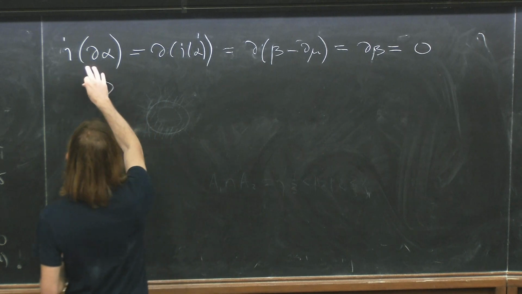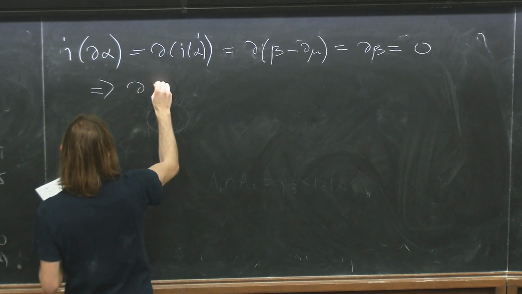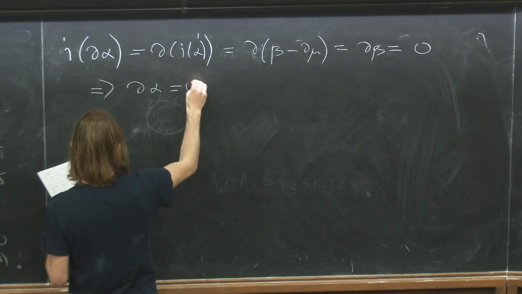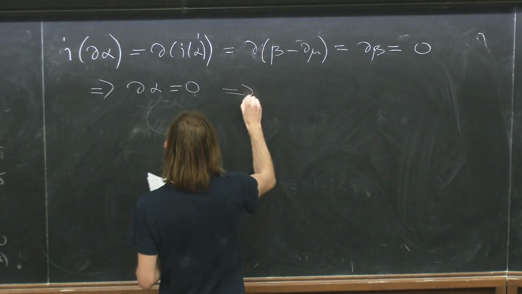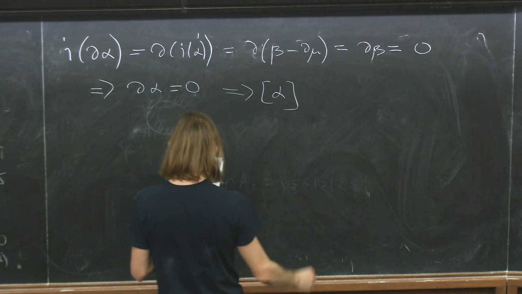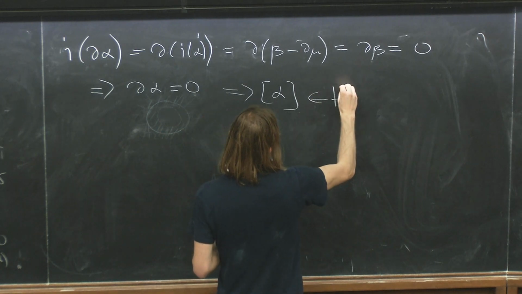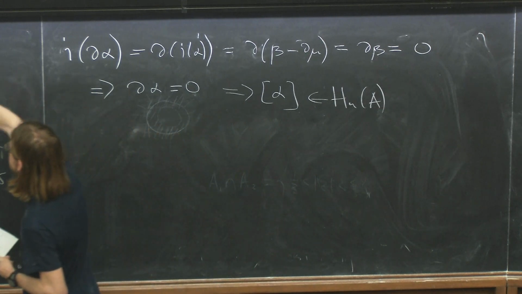Okay, if I of d alpha is 0 and I is injective, this implies that d alpha is 0. And this in particular means that alpha can now be used to define a certain class in the homology of our complex A here.